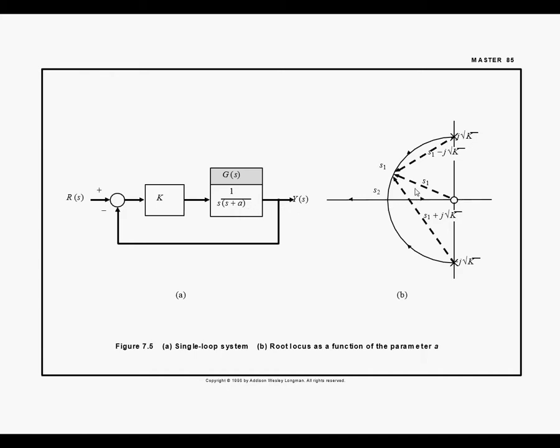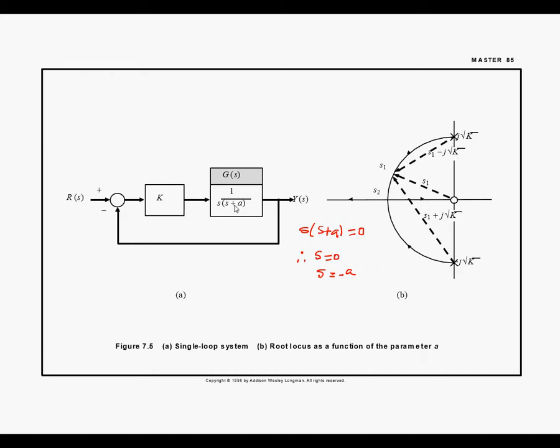So you're going to have the characteristic equation s times s plus a equal to 0, right? Consequently, s is equal to 0, but also s is equal to minus a. So you're going to have a transfer function that produces this kind of locus here.